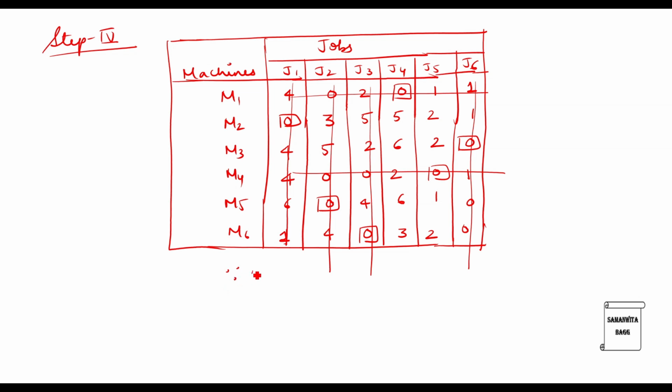So I'll write down: since the number of squares is equal to the number of rows, therefore optimality is reached, and we'll draw the optimal solution now.